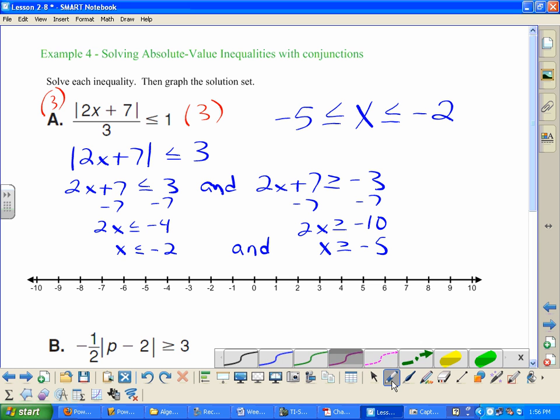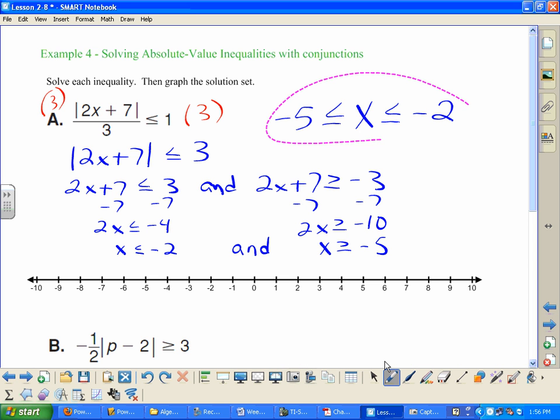This would be the correct way to write the compound inequality: put x in the middle, greater than or equal to negative 5, less than or equal to negative 2. So we have closed dots on negative 5 and negative 2, and fill in between them.